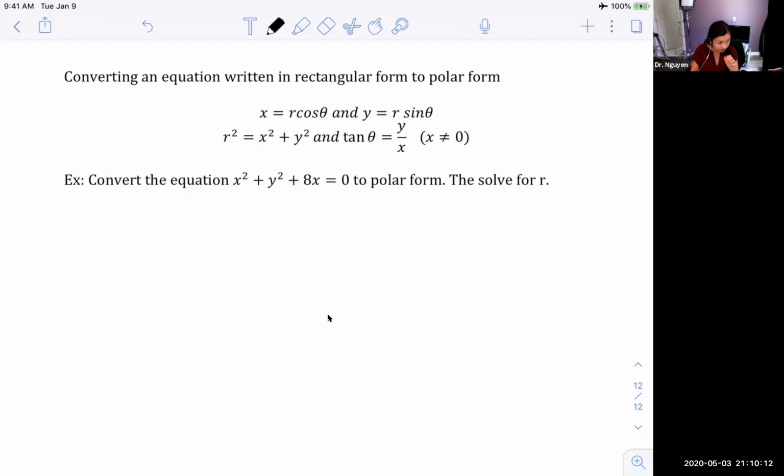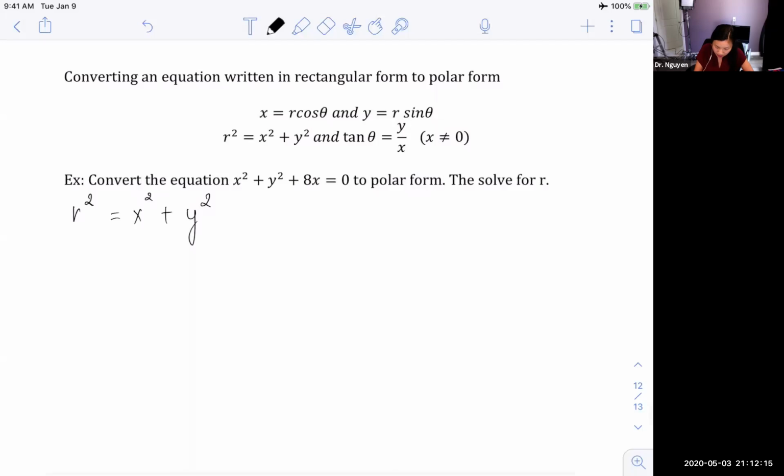So first of all, we know that r squared is x squared plus y squared. So let's go back to our equation.